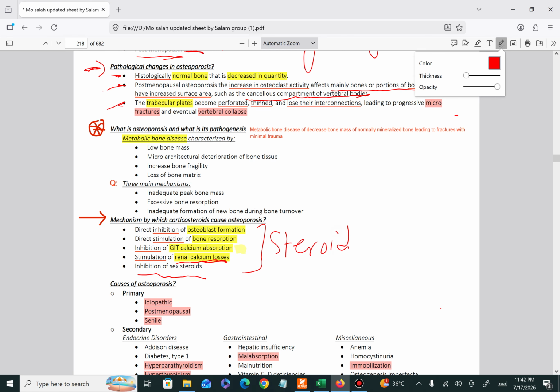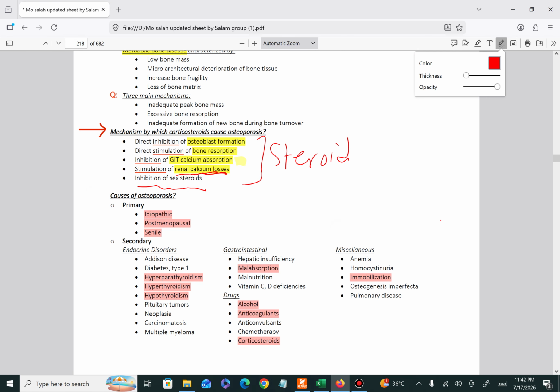Then causes of osteoporosis, which I have discussed before. It can be primary or secondary. Primary can be idiopathic, postmenopausal, and senile, which is age related.